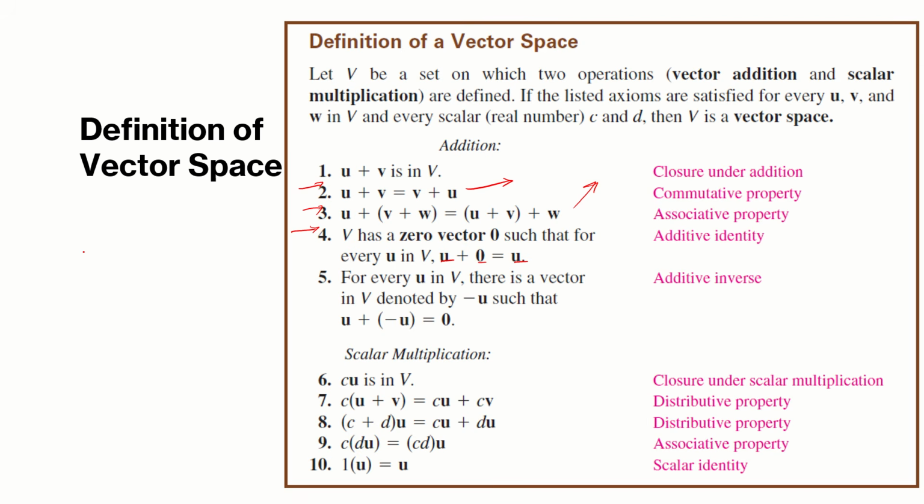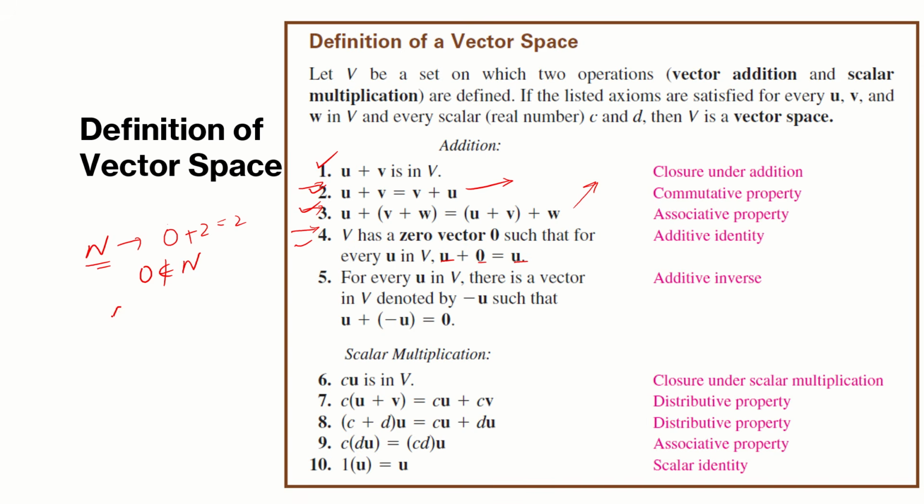Like in natural numbers, we don't have any element like 0 which is added to any natural number and gives you back the same number, because 0 is not a natural number. So it means natural numbers cannot be a vector space. These two conditions are satisfied, whereas the fourth condition is not satisfied in natural numbers. So there is no identity element in the natural numbers.